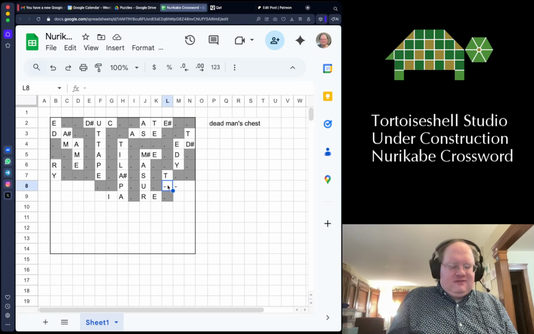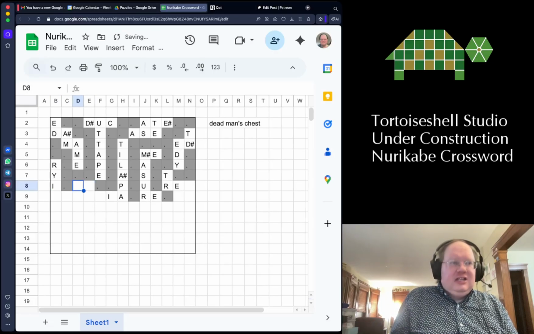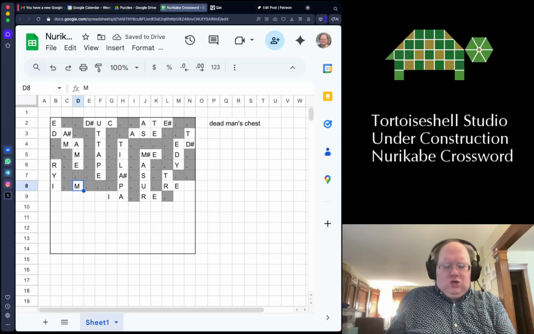What could go here? We could have something like pure, but the only three-letter. I mean, if we have impure, it's got to be I dot M dot, and R I Y or R Y I is not looking like a good combination.